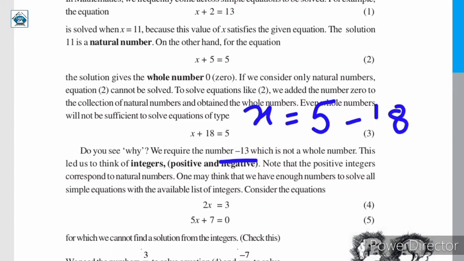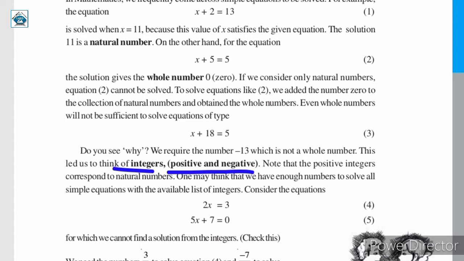Whole numbers begin from 0. 0 is the smallest whole number. 0, 1, 2, 3, 4 and so on till infinity. That is what whole numbers are. But here the answer is minus 13, which is not a whole number. So what is minus 13? It is an integer. It consists of positive and negative numbers along with 0. So minus 13 is not a whole number, it is an integer.